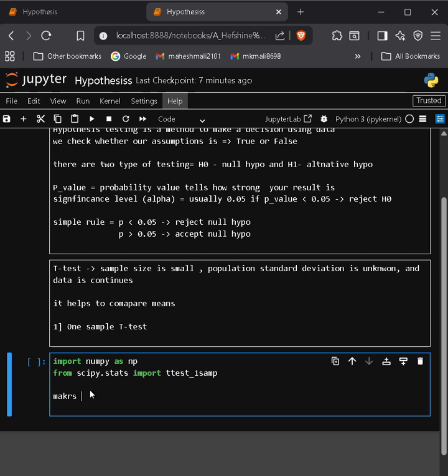We have to declare one variable, np.array, and mention some values.